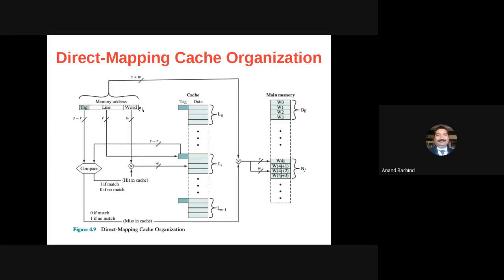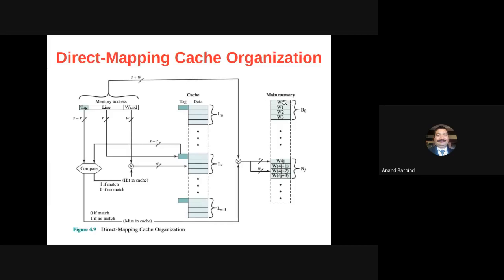Now, out of this particular memory address, which is the address of the main memory, the lower w number of bits give the word address, that is, the word in that particular block at which location it is. For example, here the block is of four words.